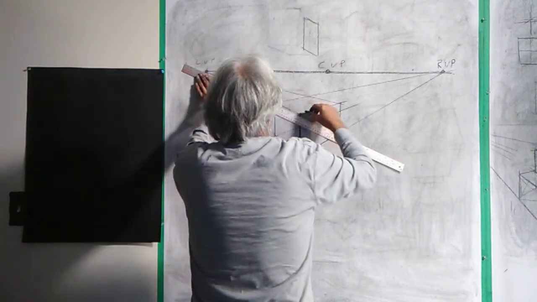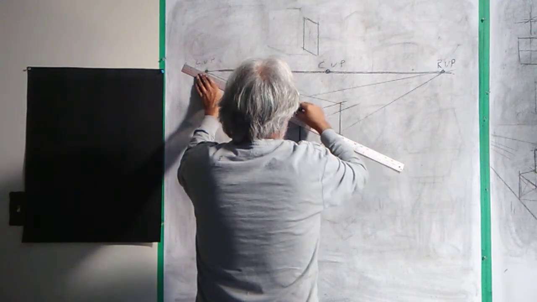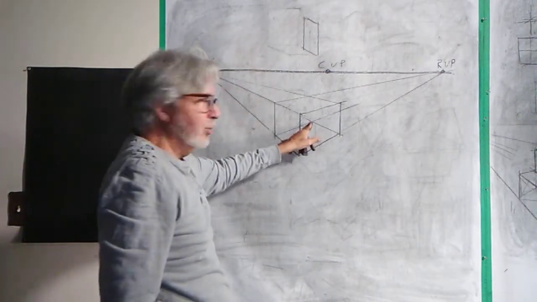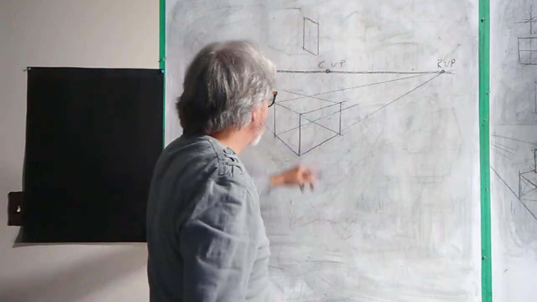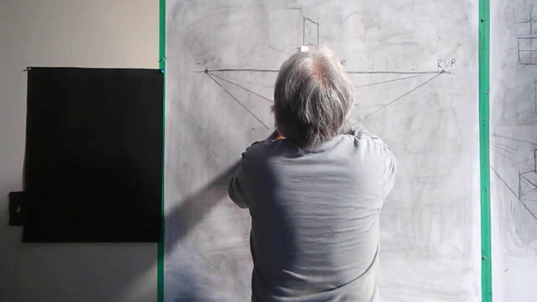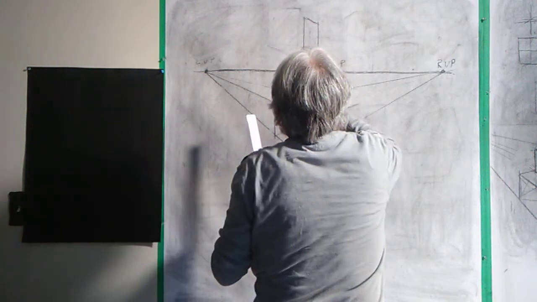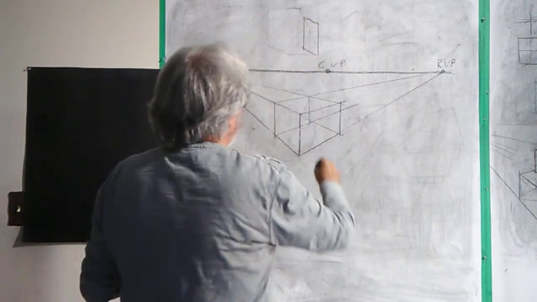So we're going to do this. And now I'm only interested in where they cross. Where they cross each other is what's most crucial. If the perspective is right, this should be a vertical line. If you get it off a little bit, it's not exactly vertical, and that can become a problem. So you cross it over like that, and then you've got the feel of the box.